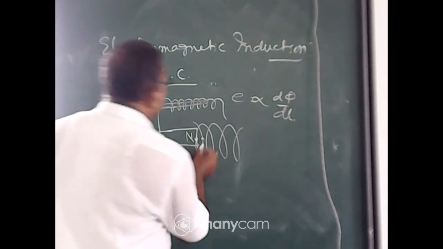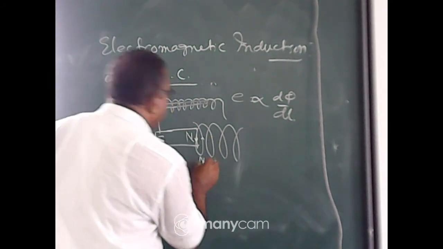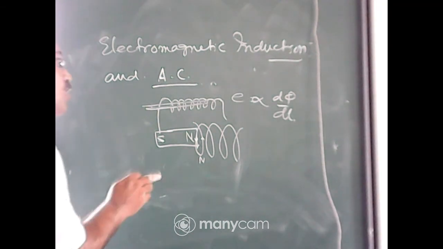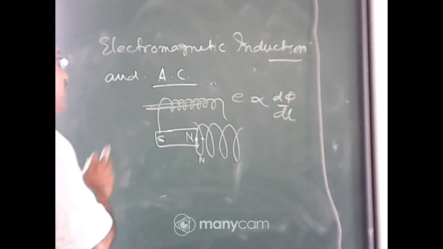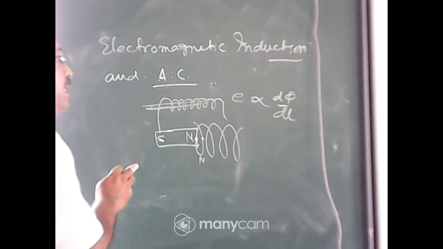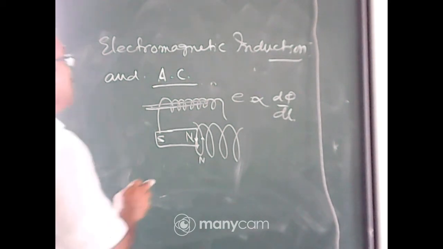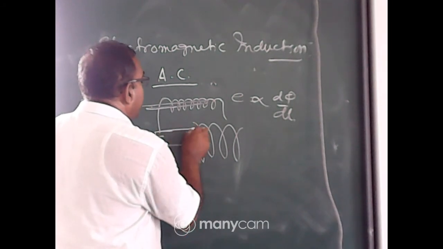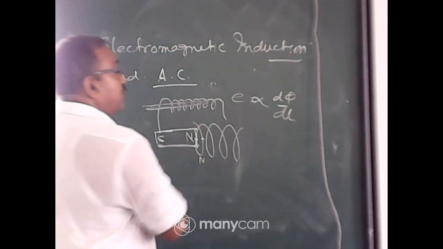Next part, here it creates the north pole. You know it, it is the solenoid. A solenoid is a bar magnet. So this portion creates the north pole, and the source here is also the north pole.